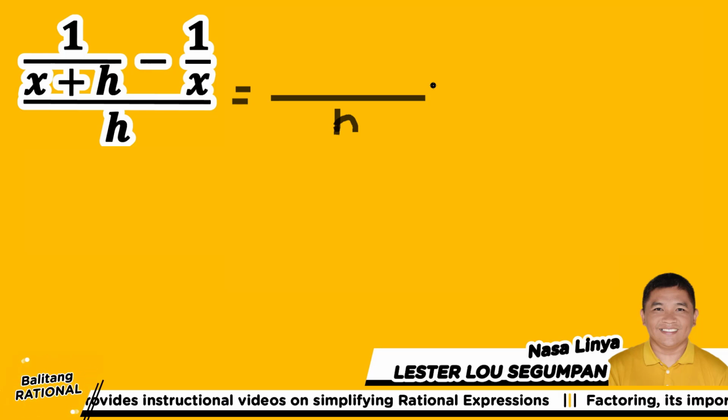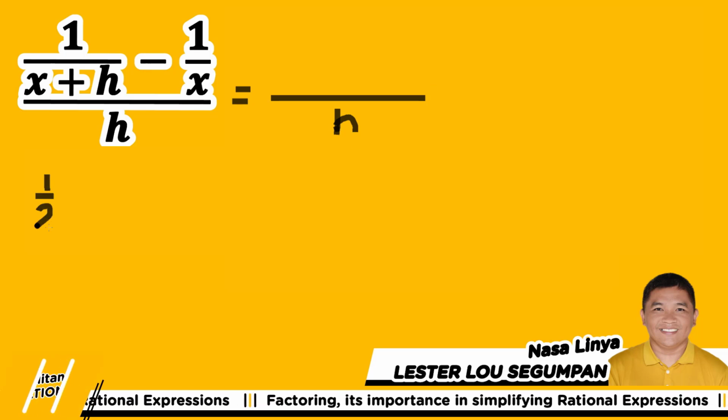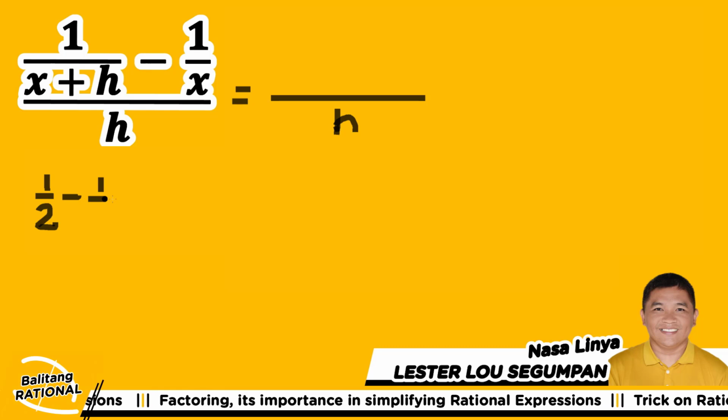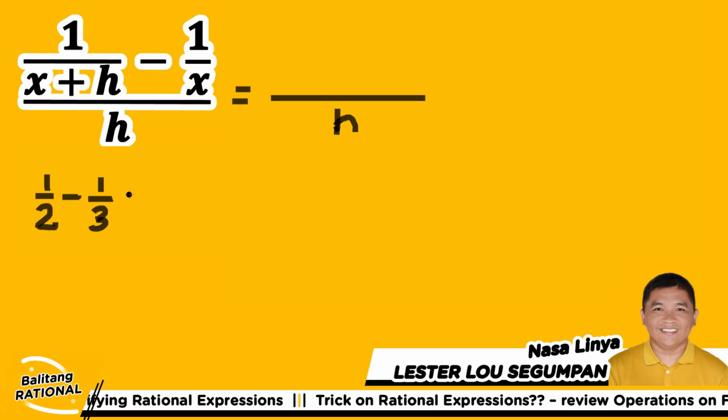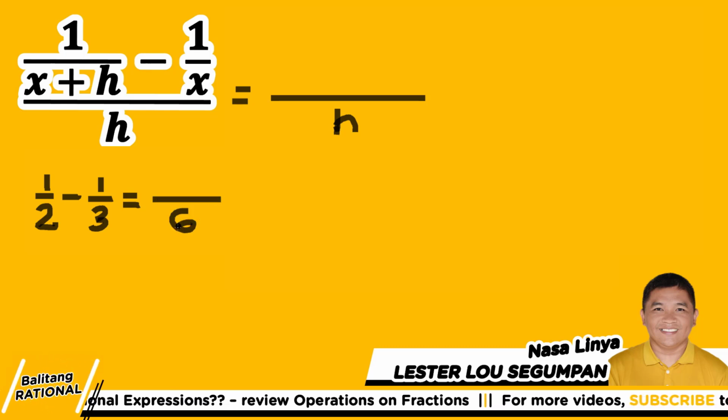When we consider our numerator here, they have different denominators, just like 1/2 minus 1/3. And whenever we have dissimilar fractions, we cannot add them immediately. Okay? We need to look for the LCD. Yung LCD po ng 2 at 3 is actually 6.